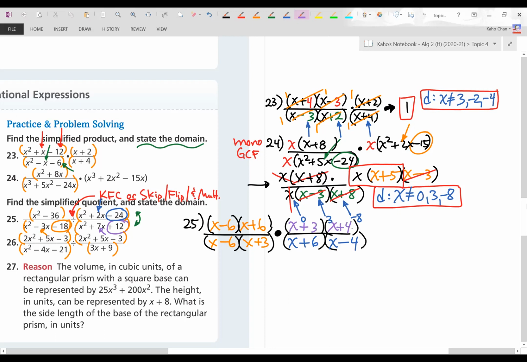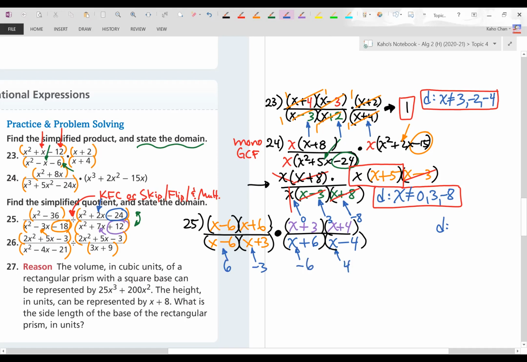Okay, so sometimes teachers ask you to find the domain first before you cancel anything. Fine, that's fine by me, not a big deal. So for the domain, I'm looking at the denominators here, here, here, and here. They are x minus 6, x plus 3, x minus 6, x plus 4.